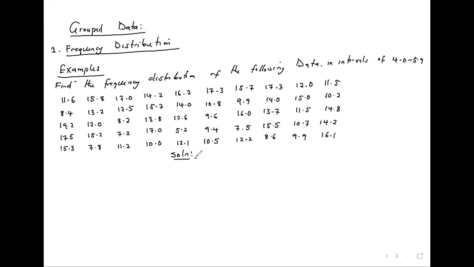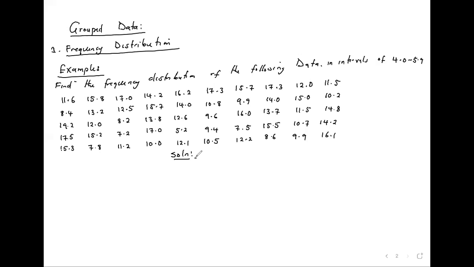So that's the space that we should use, from 4 to 5.9. You need to know that spacing so that we're not confused in the other thing. So you say 5.9 minus 4.0, that's 1.9. So that's the space that we're going to use in everything.